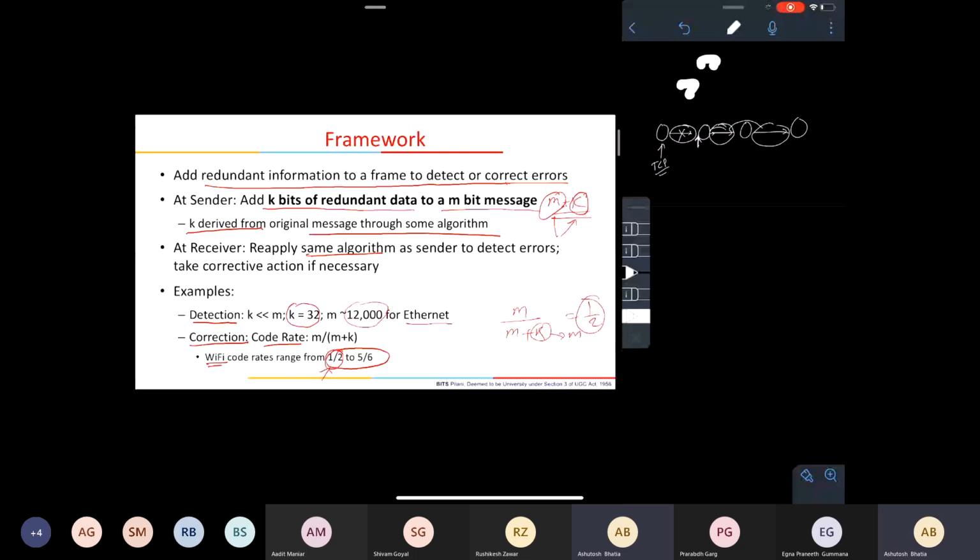So can anybody quickly answer: when should somebody use a NAK based solution and when an ACK based solution, just like error detection versus correction?